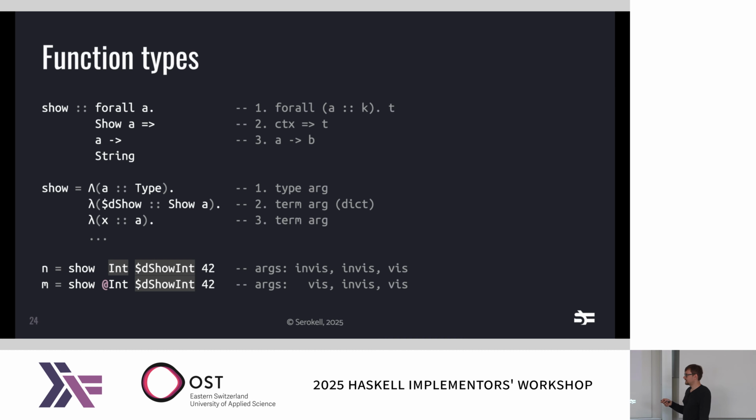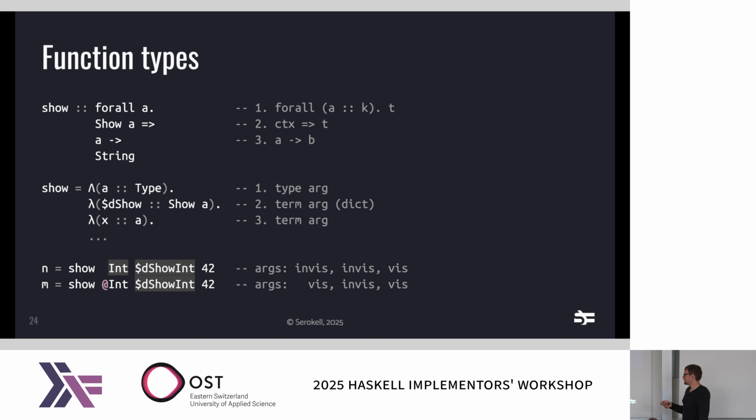And then we have the actual value. So 3 inputs, a type argument, a term argument that is a dictionary, and a term argument that is visible. Correspondingly, 3 function-like types. For all is function-like. The constraint arrow is function-like. And the function arrow is obviously function-like.